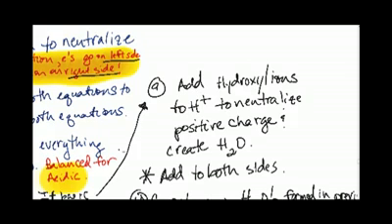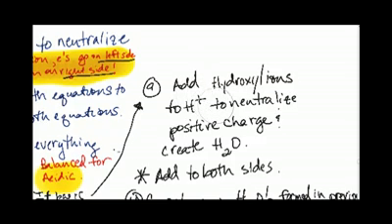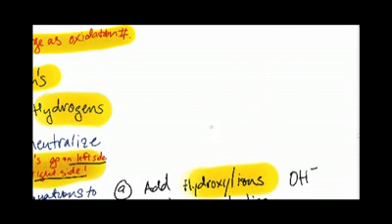If we want a basic solution, we add hydroxyl ions. If you remember what hydroxyl ions are, they're just OH minuses. When you have OH added to an H plus, both aqueous, you form water.